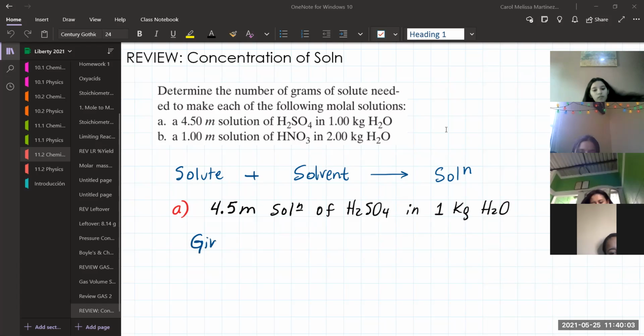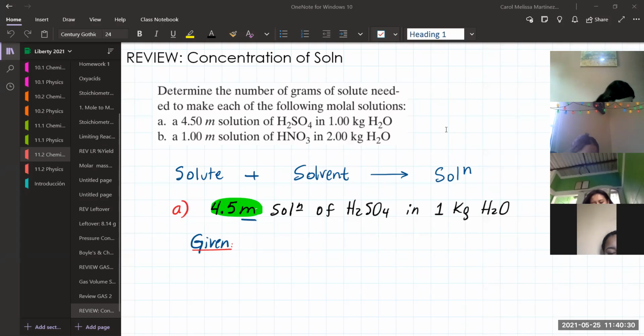Okay, now what do we have for this problem? Take a look. They are giving us 4.5 m. 4.5 m tells you about concentration. Okay, so this is actually the concentration of the solution, because lowercase m means that this concentration is measured in molal.